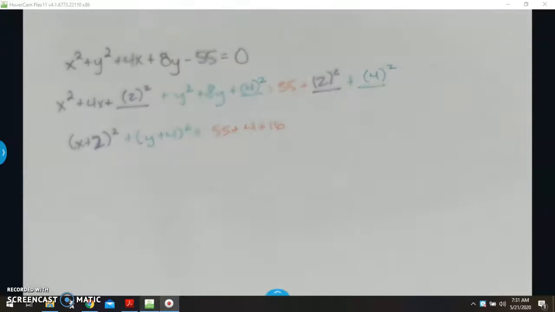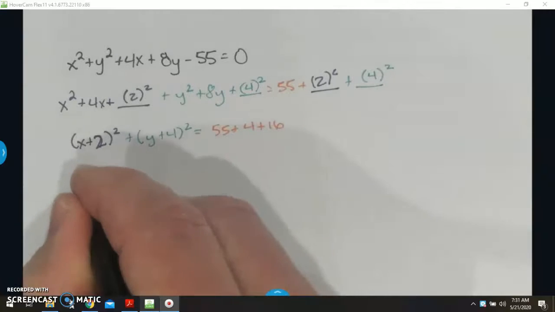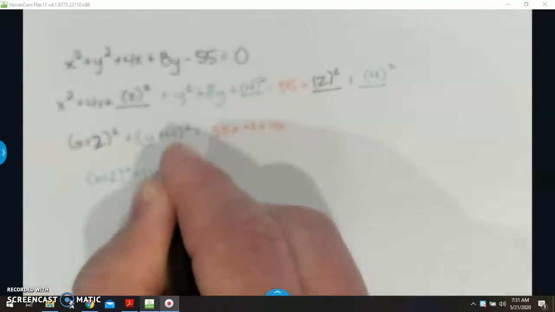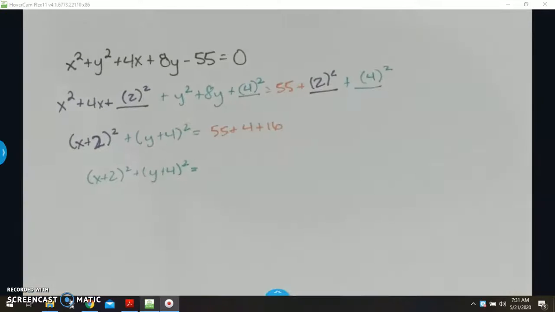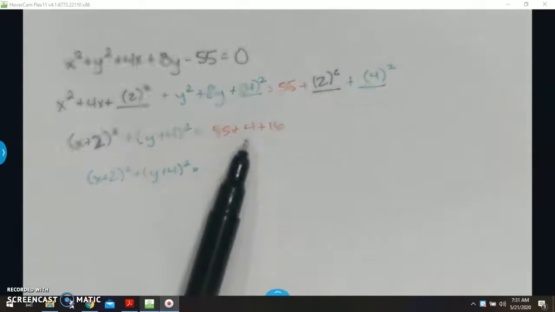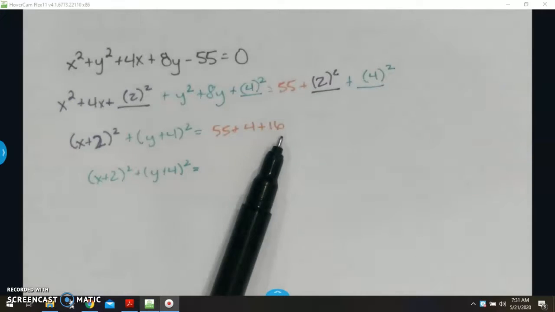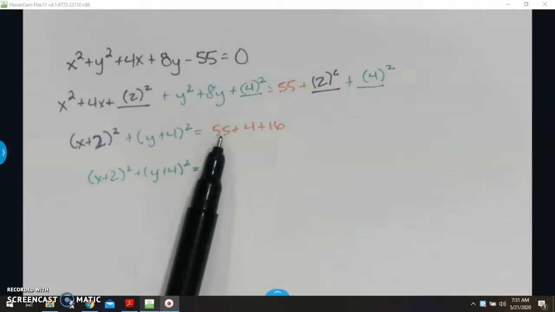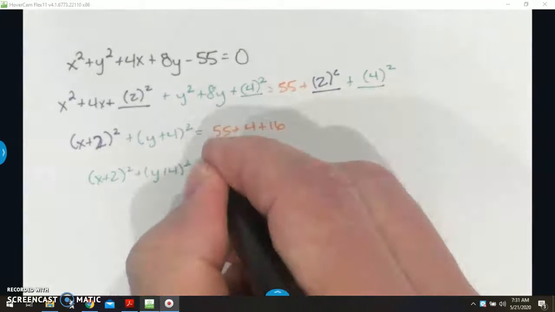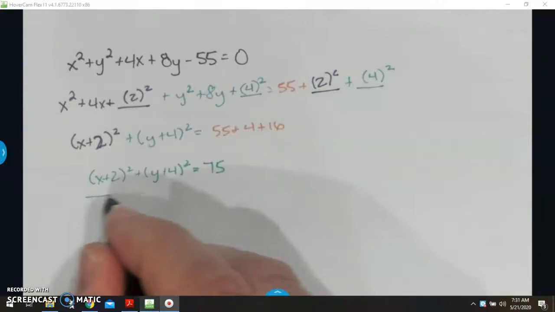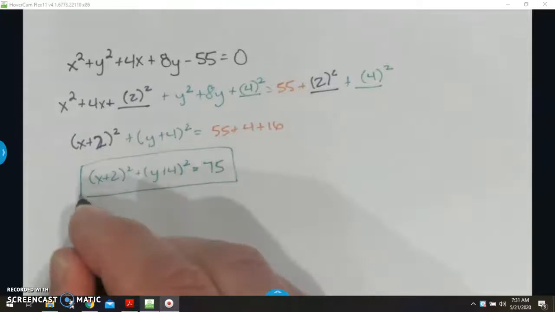So we end up with the final equation: x plus 2 squared plus y plus 4 squared will equal 55 plus 4 plus 16. Well, 4 plus 16 is 20. 20 plus 55 will be 75. Here is your equation.